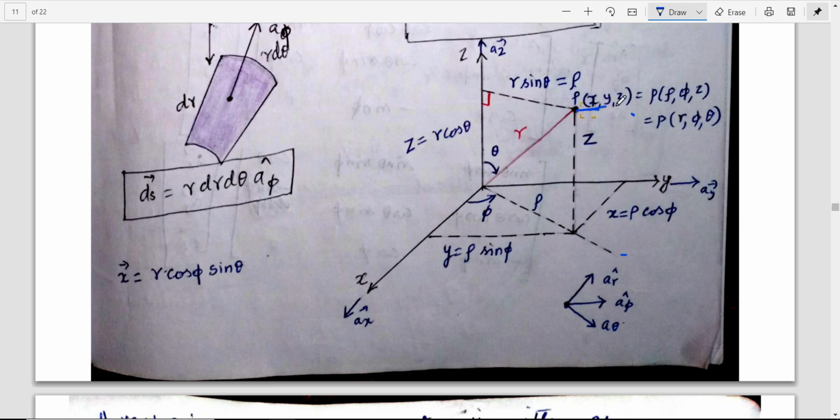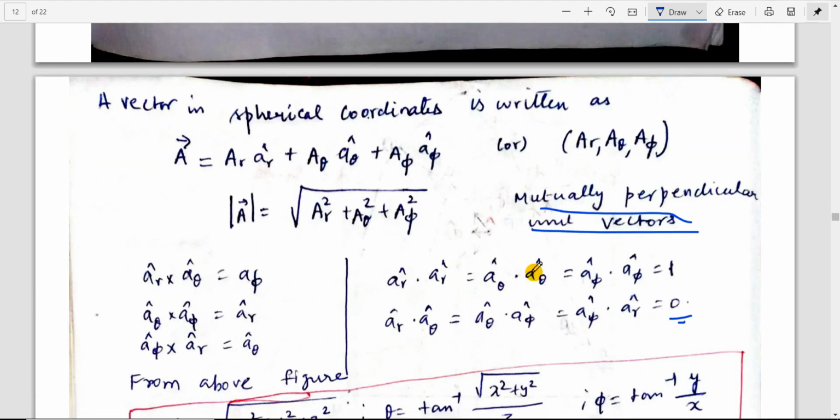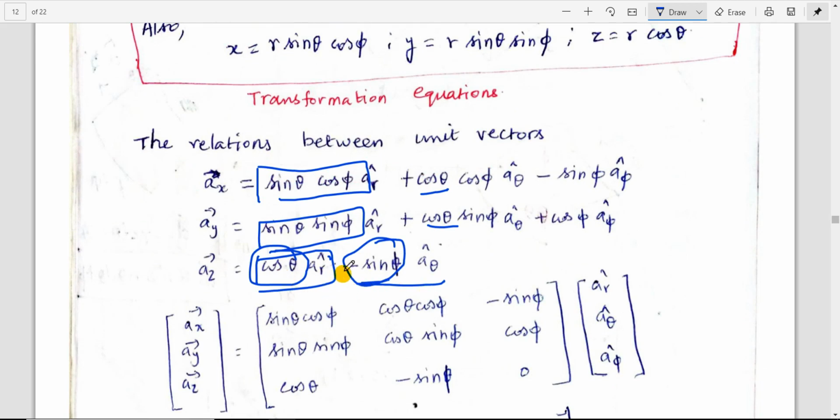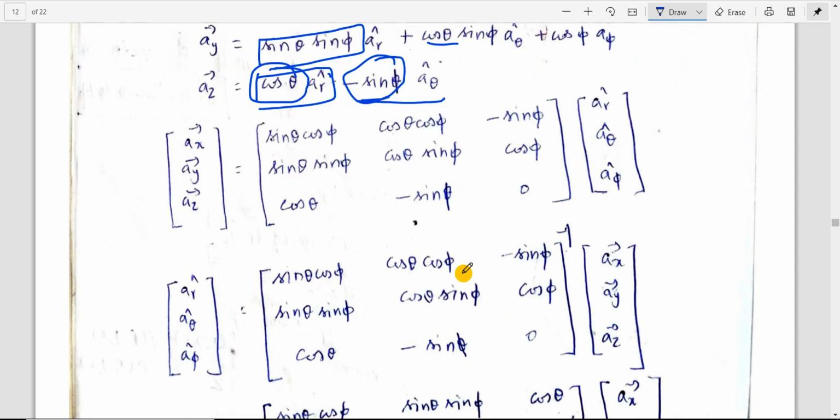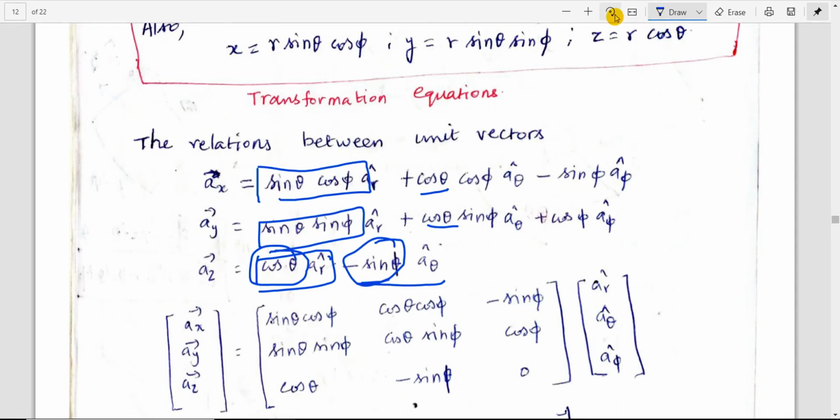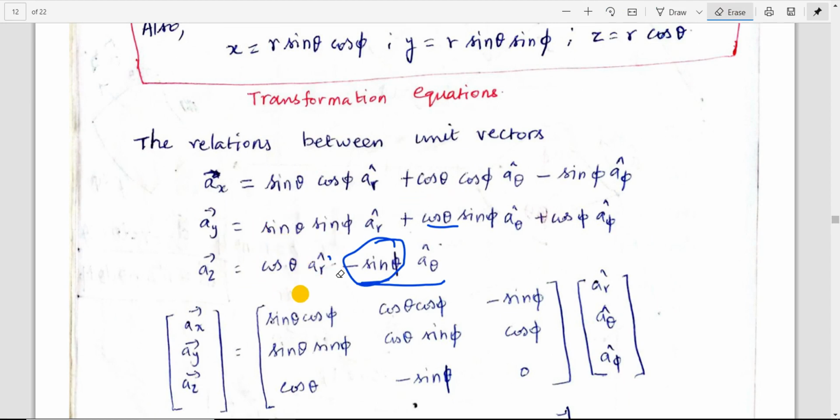As we have mentioned, this is the direction of the A phi vector. So that is why we don't have the component along the z-axis, so that we get minus sin phi A x cap plus cos phi A y cap. This is the reason for making these equations as we can mention.